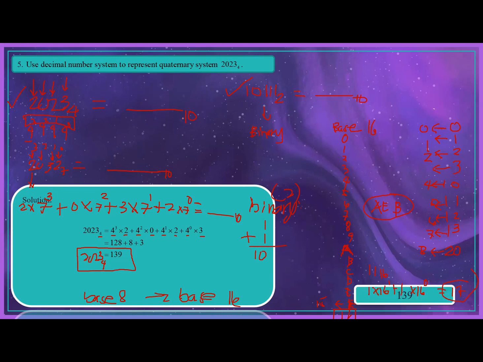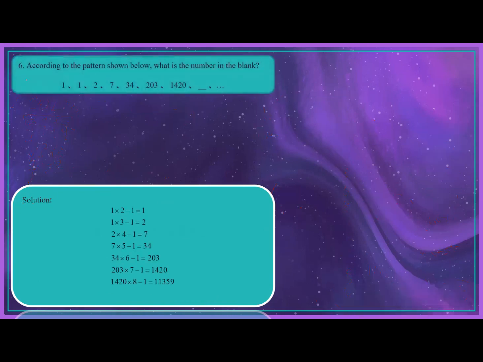Next, according to the pattern shown below, what is the number in the blank? Again, on this kind of problem, there are many ways to solve this. It's up to your thinking, what pattern shows up in your mind. But here, this would be the pattern: you multiply this by these terms and subtract everything by 1. I'll show you the pattern.